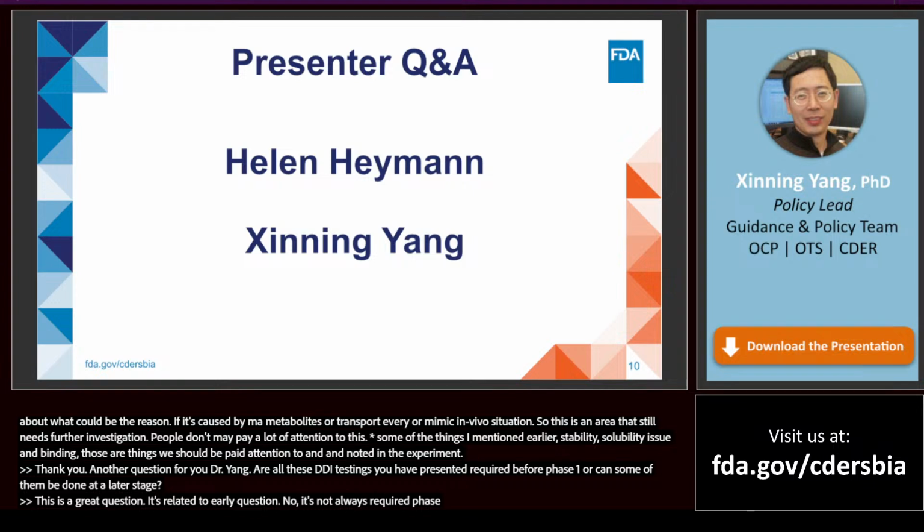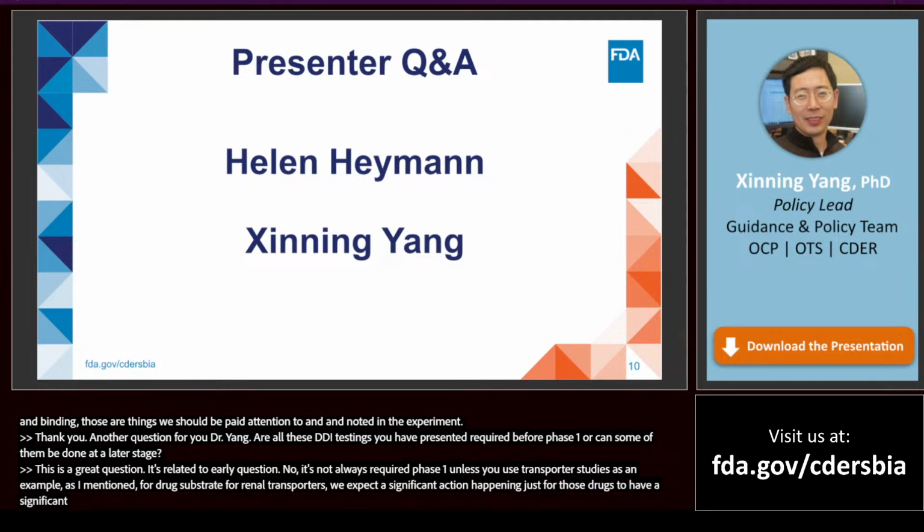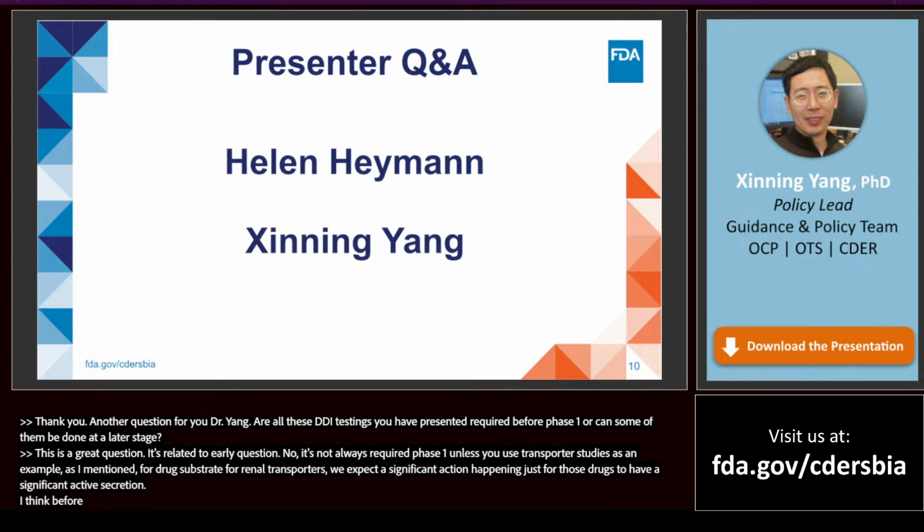Let's use a transporter study as an example. As I mentioned, for a drug as a substrate of renal transporters, usually we expect a significant interaction to happen just for those drugs that have a significant renal active secretion. Apparently, before the phase 1 study, we won't really know how much renal elimination plays a role in the elimination of the drug.